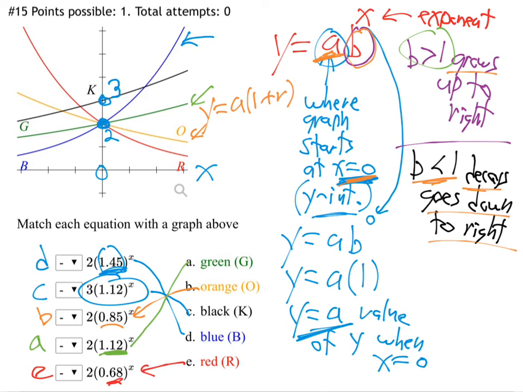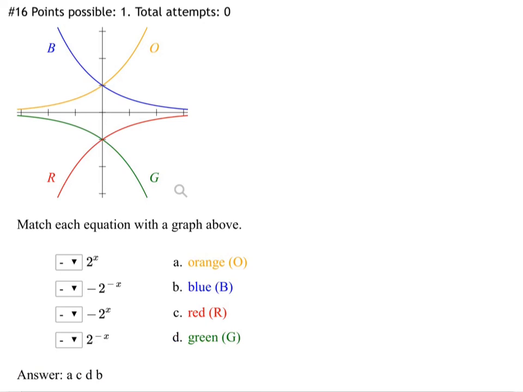We wrote it two ways. It's a times b to the x, or t, whatever, same thing. Or you can replace that b with 1 plus r. So you see, if that r is a positive rate, this number will come out more than 1. If that rate is negative, this will come out less than 1 and it'll decay. That's another way of seeing that.